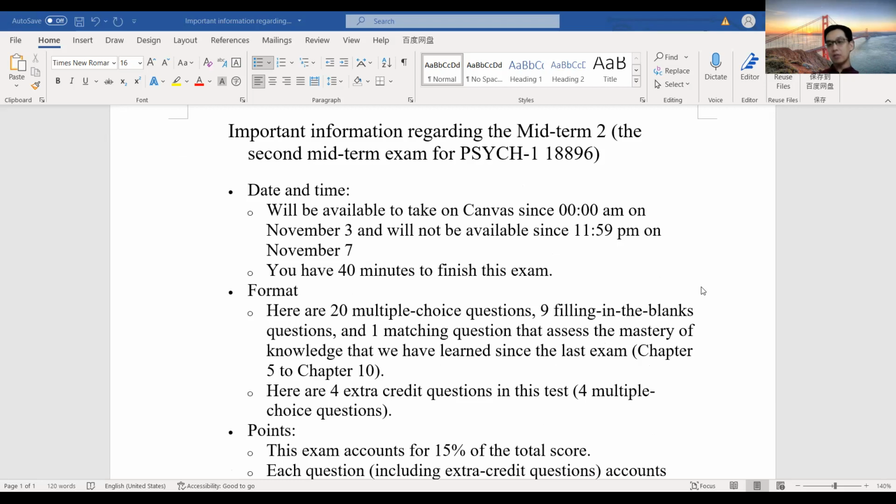So from Wednesday, you can take the exam. But you must take the exam by the last minute of November 7th. November 7th is the Sunday of that week. So by the midnight of Sunday, you need to take the exam.